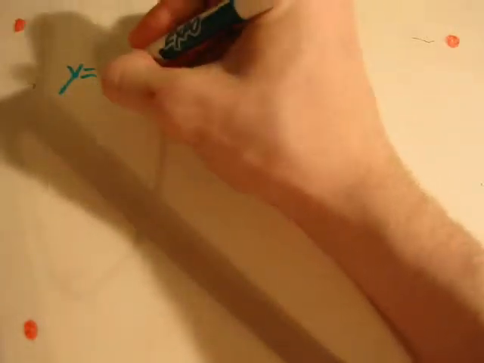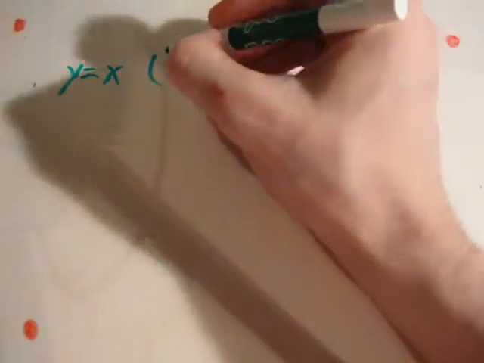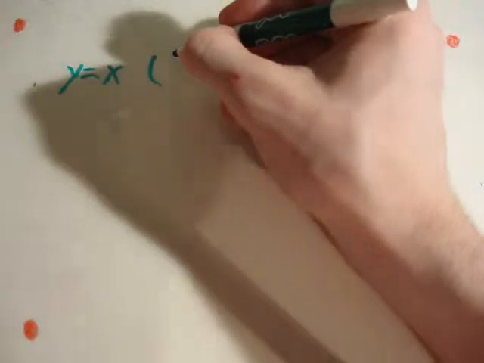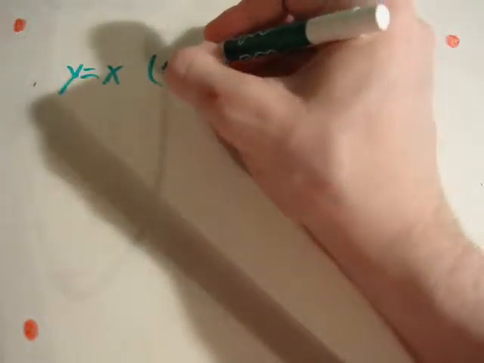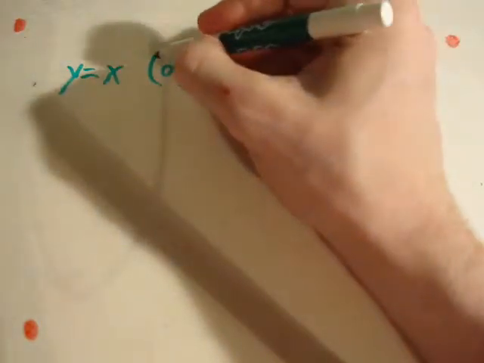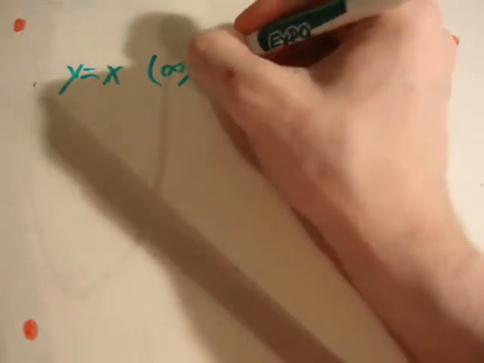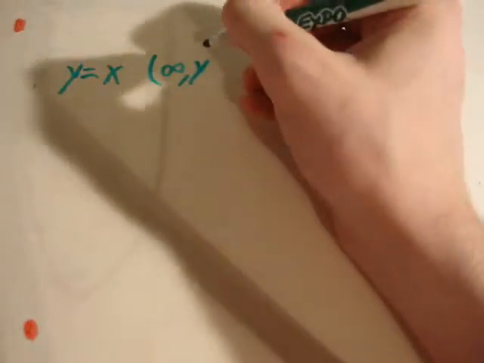Now, first, a horizontal line is usually shown as y equals a number. Doesn't matter what x is. In coordinate form, it's any x number, it'll cross through that x number at y, which is whatever number.